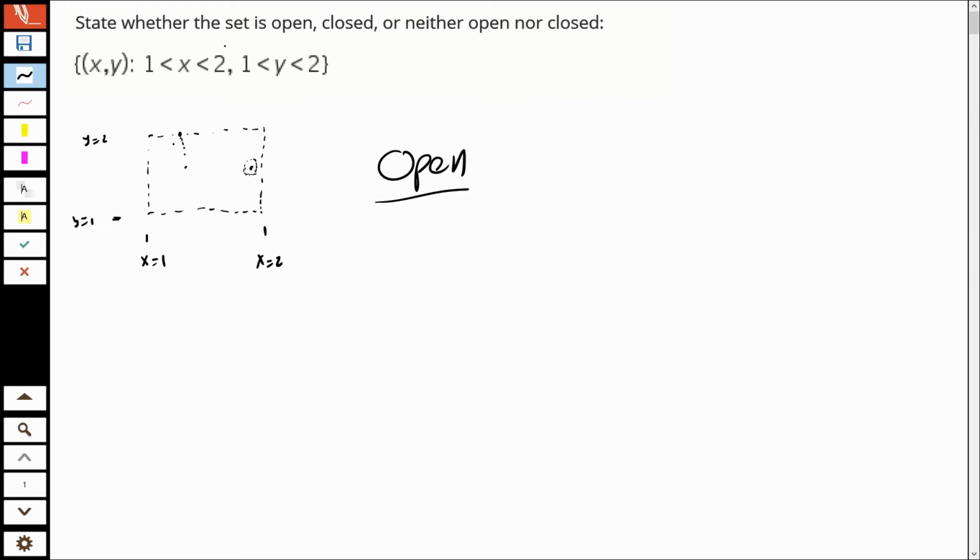That point is not in my set. So this is not closed. It's only open.